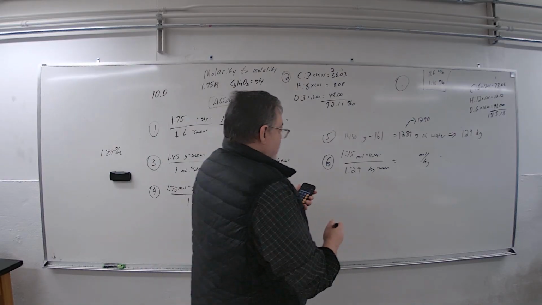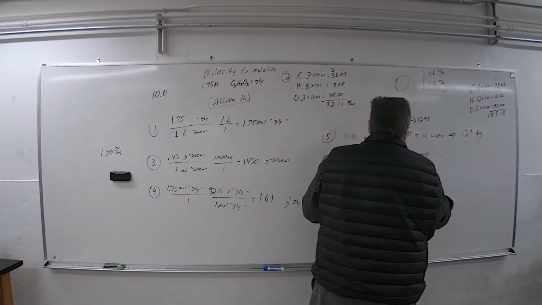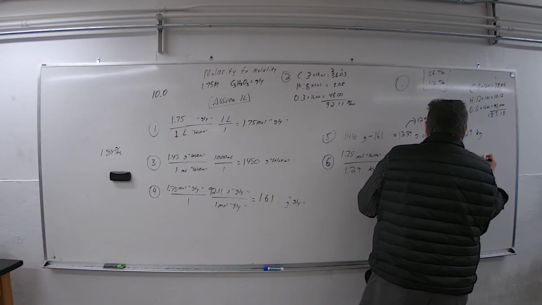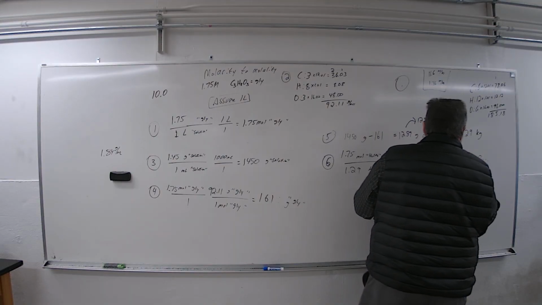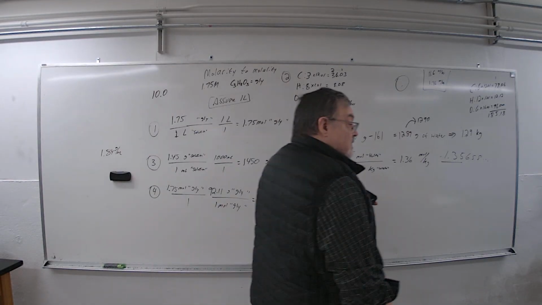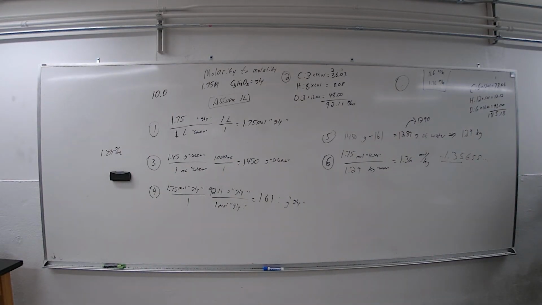My calculator says 1.3565. If we're keeping 3 significant figures, it's 1.36. I'll put that in here too.